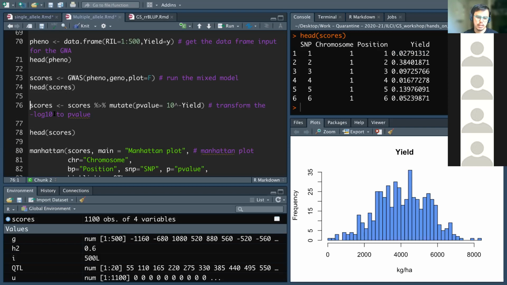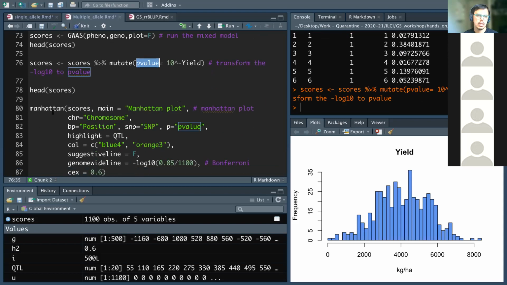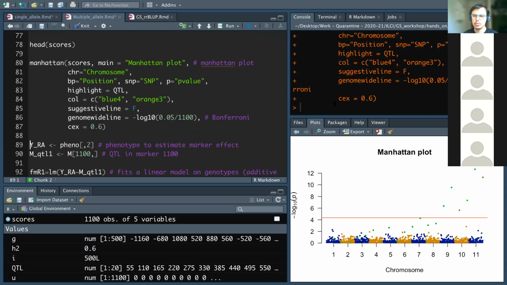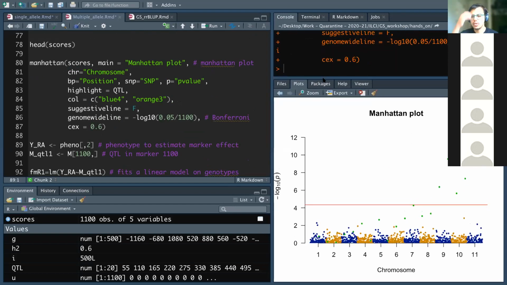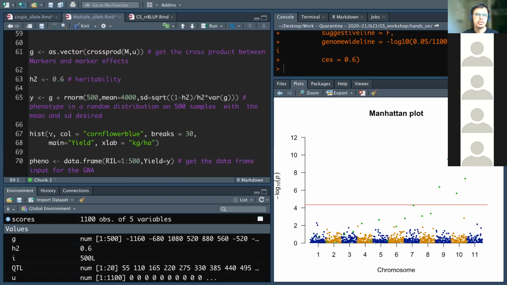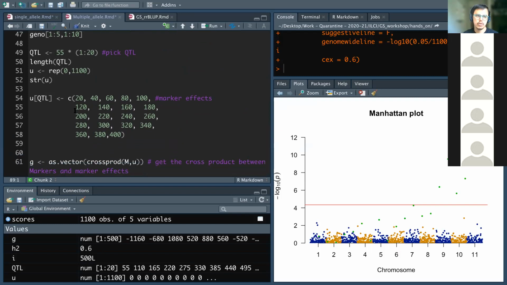And then basically I'm doing that because I need to transform the values back to p-values. What I'm intending to do here is the Manhattan plots to show you the association with every single marker. So as you can see here, every point that is green is a real QTL. Remember that we used some QTL effects starting at 20, in this case kilograms, if we are talking about yield, and the last one has an effect of 400.